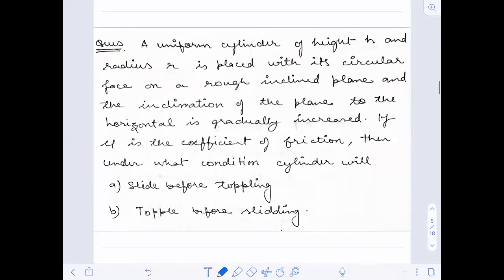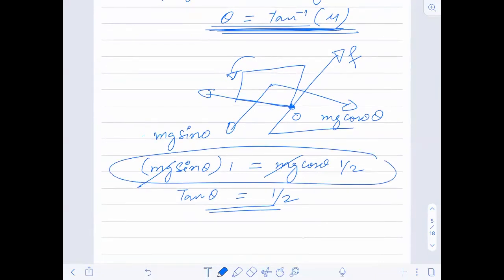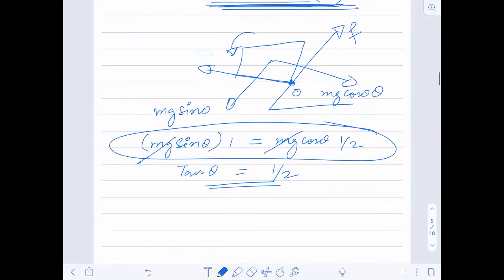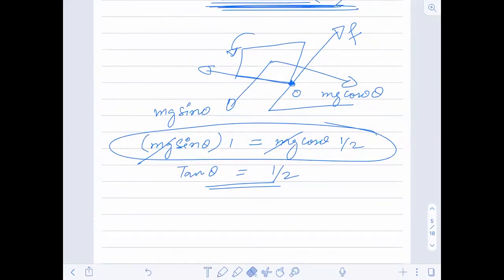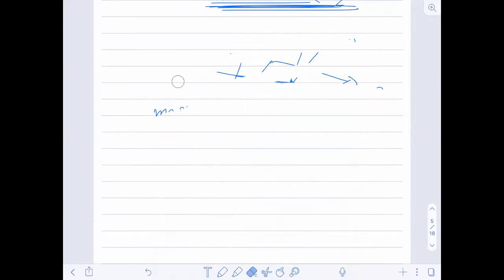Which one? This one? Okay, see here. I'll draw the figure again. If anybody has not understood this toppling thing, just see it again. How is the block going to topple here?